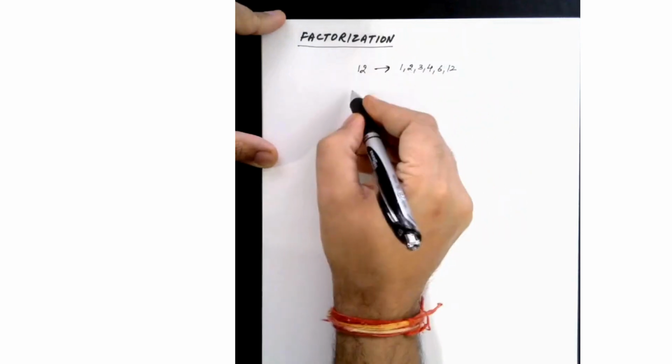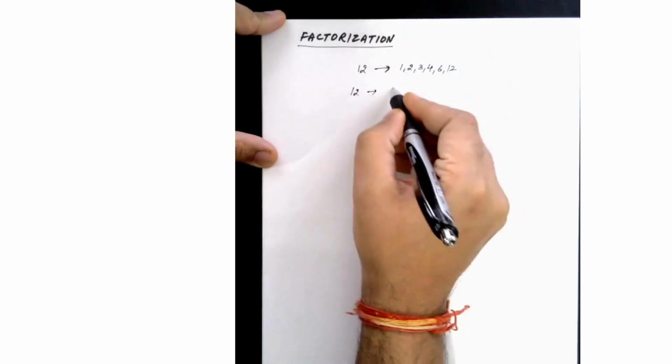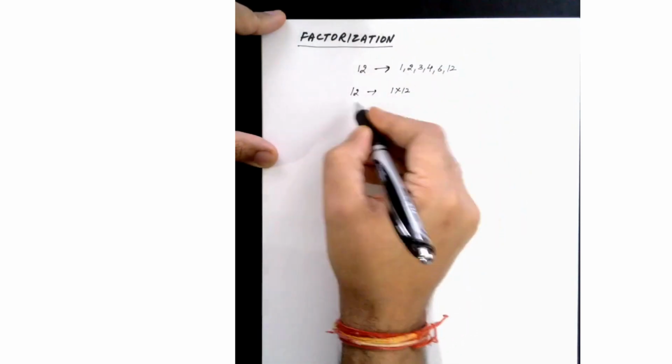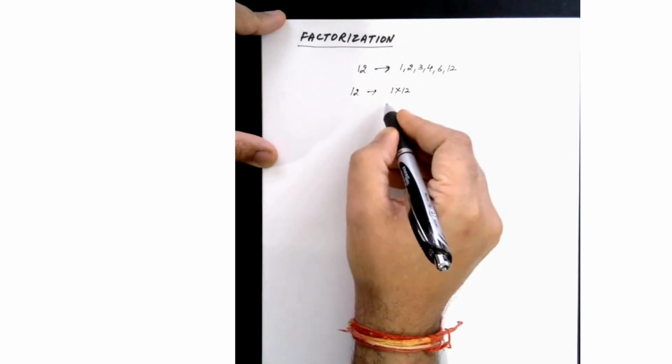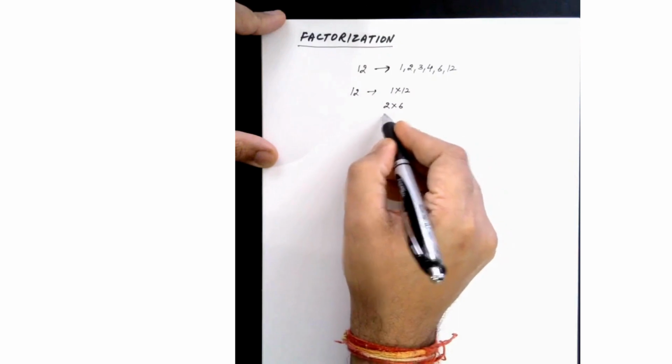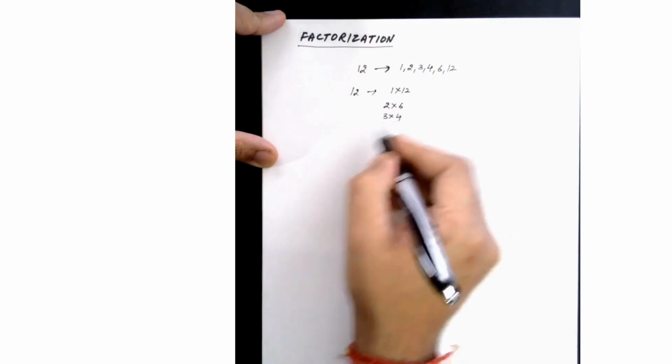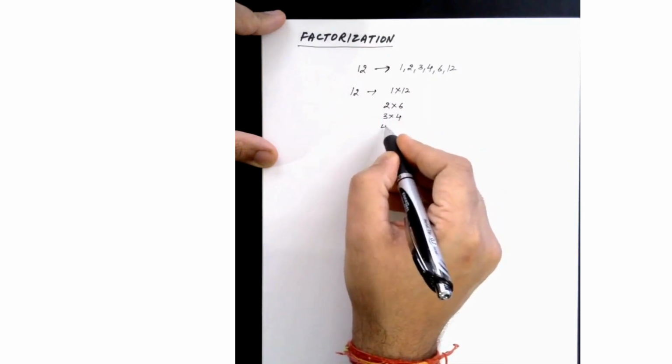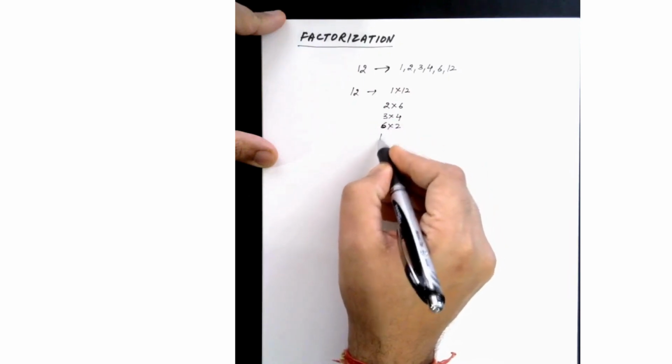So how can we write 12? 12 can be written as 1 into 12, or 2 into 6, or 3 into 4, or 6 into 2, or 12 into 1.